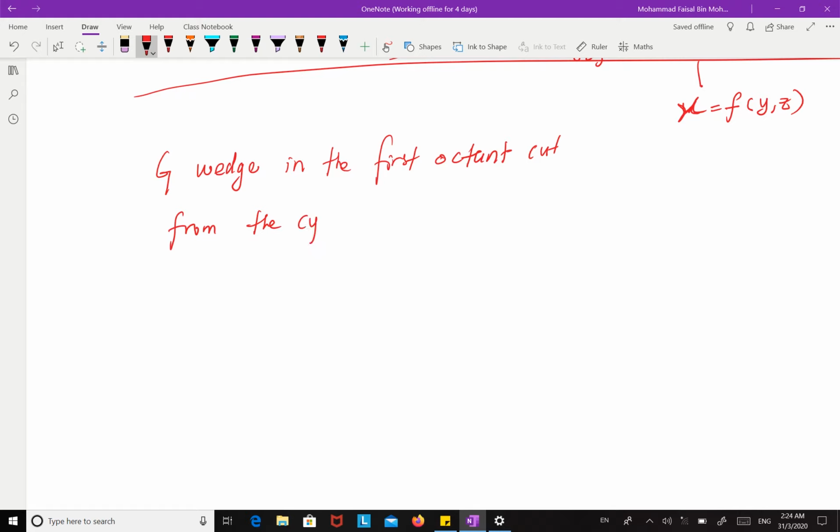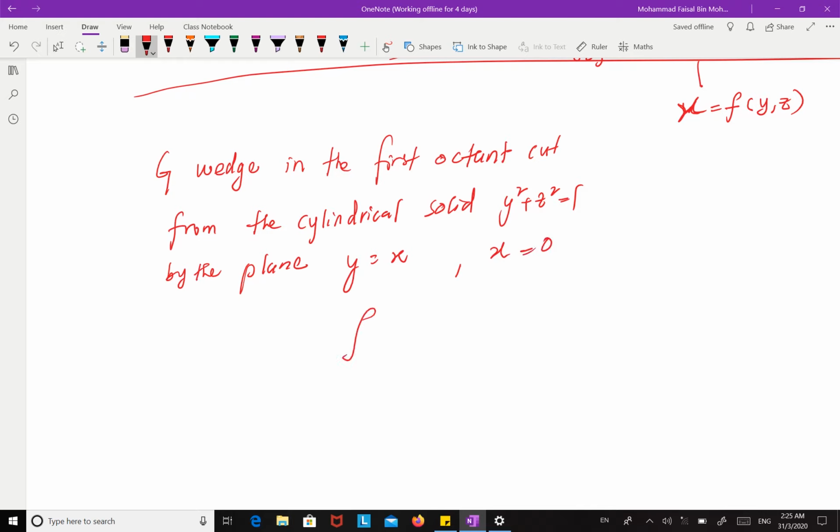Cut from the cylindrical solid, y squared plus z squared equals 1, by the planes y equals x and x equals 0.